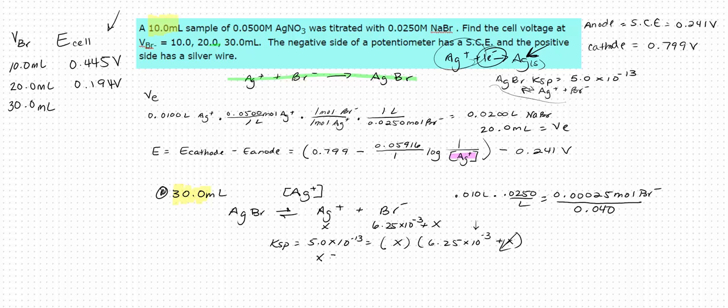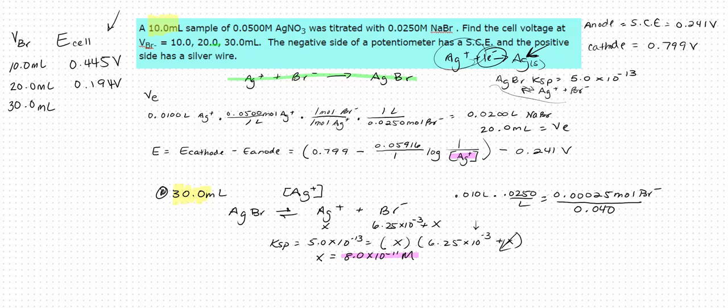So the X value then is fairly easily calculated, 5.0 times 10 to the negative 13 divided by 6.25 times 10 to the negative third. And you should get an X value of 8.0 times 10 to the negative 11, and that is molar.